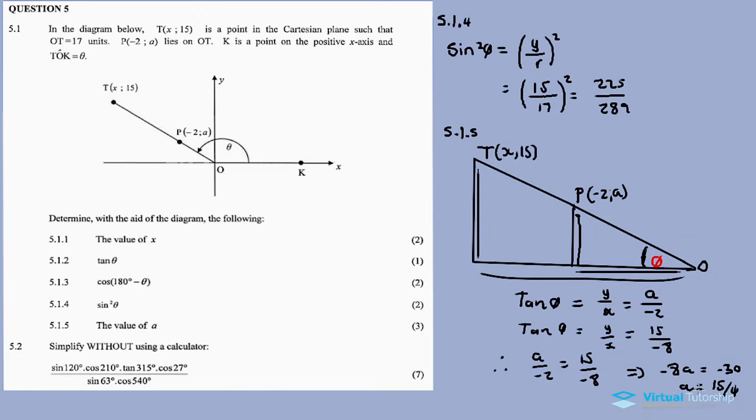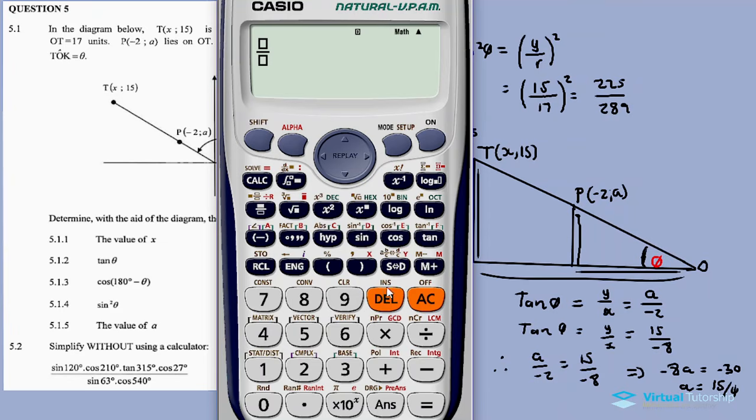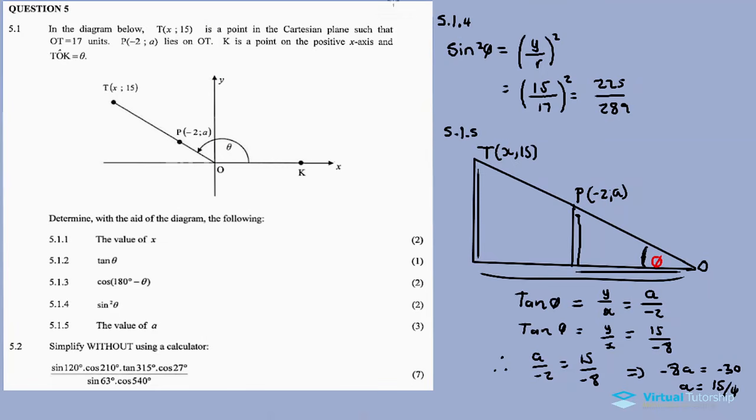So you can take your calculator and say okay, it's easy. So I will just type sin 120 times cos 210 times tan 315 times cos 27 degrees, close bracket, then sin 63 degrees, close, times cos 540. This is equal to negative 3/4.